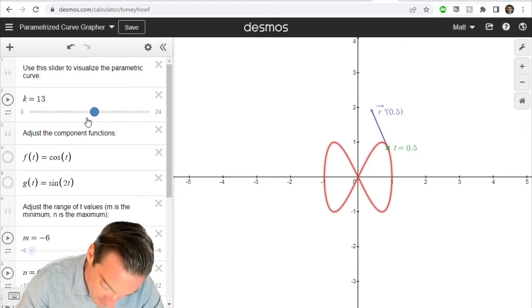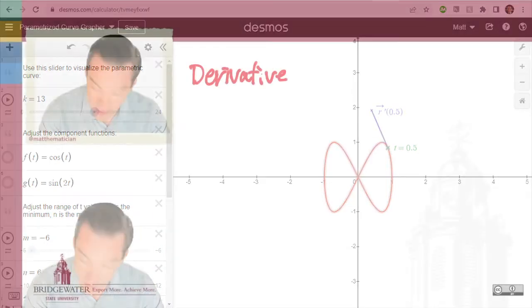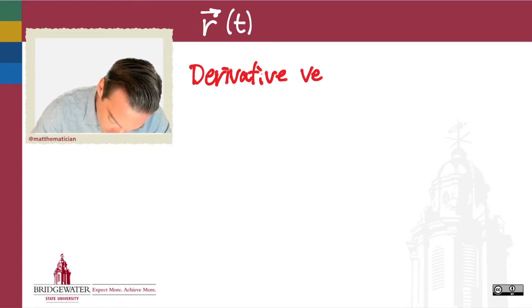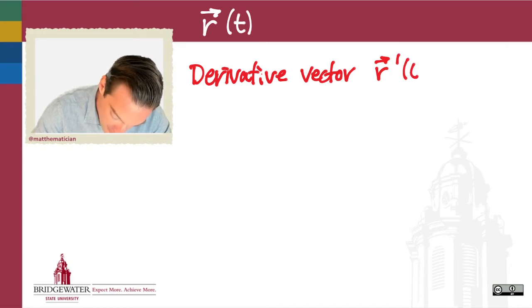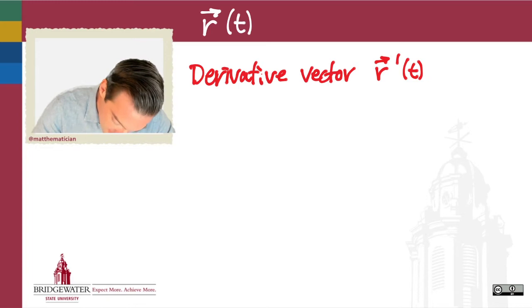Just to make a little table of terminology as we go on, I'm going to switch over to my whiteboard. If I have a parameterized curve, parameterized by the vector-valued function r of t, then its derivative vector is r prime of t, which we can compute by taking derivatives one component at a time.